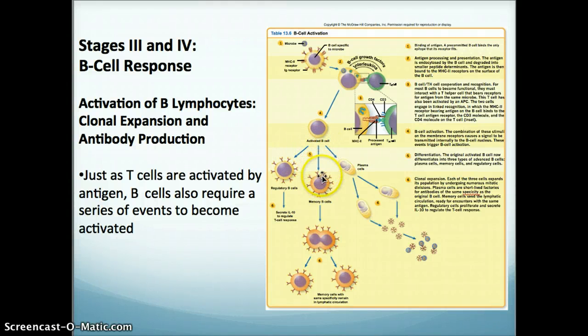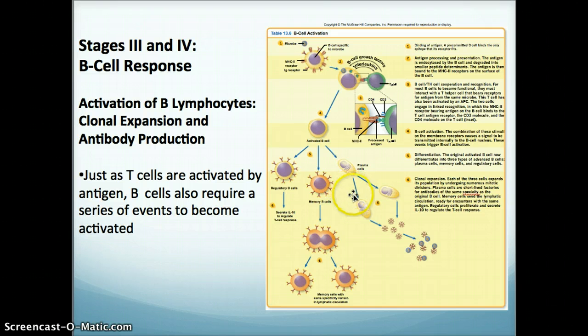It will also make more memory B cells with this particular antigen. And this allows these cells to be in circulation looking for the exact same microbe to come in.